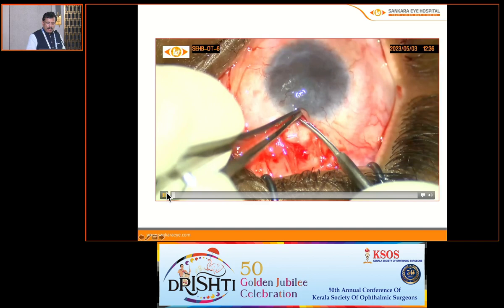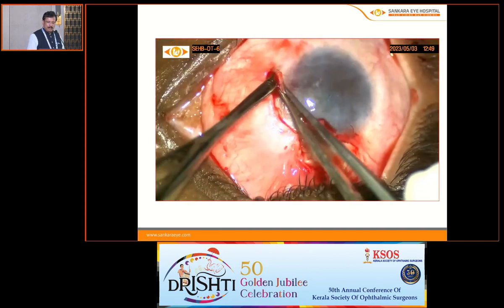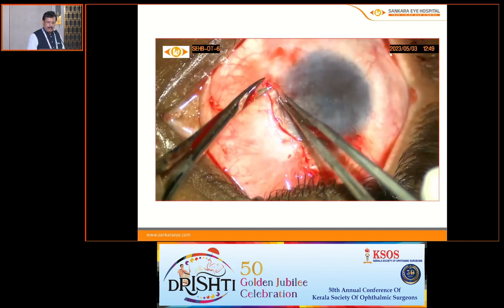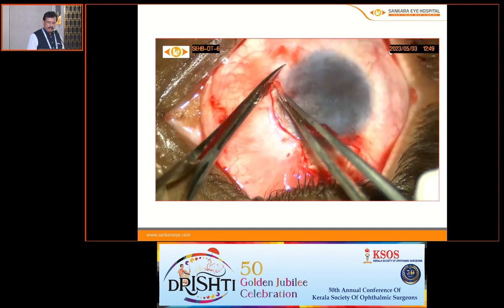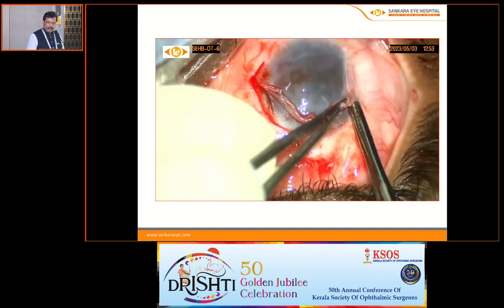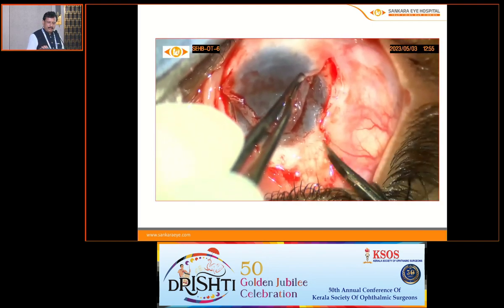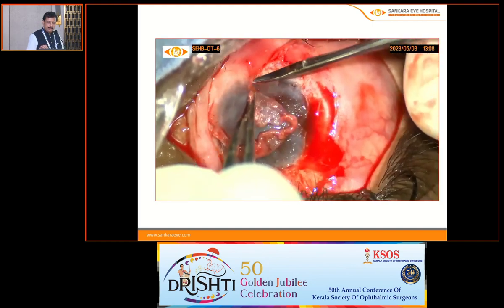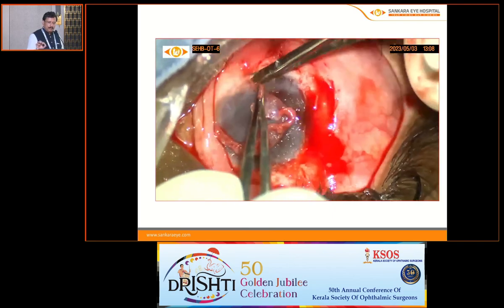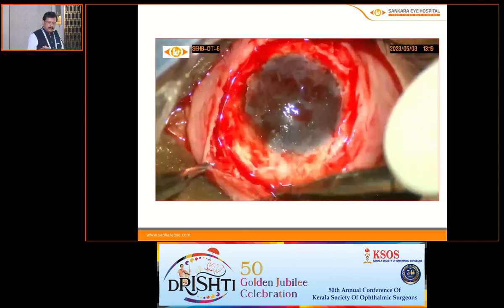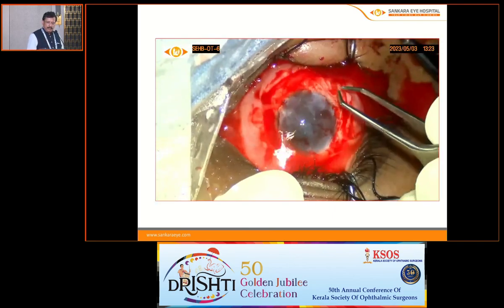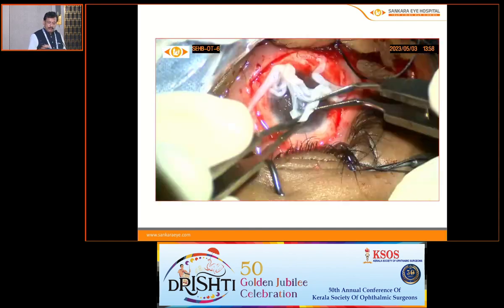procedure of how we do it. This is a chemical injury, and first you have to do a peritomy, 360 degrees, going into the plane of the vascularized area. You have to dissect between the cornea and the vascularized pannus, and you should not be over-enthusiastic to go deeper.